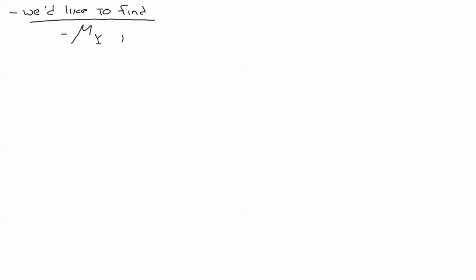We'd like to find maybe the mean squared of y. We'd like to find the autocorrelation of y. And maybe we'd like to find the power spectral density of y.